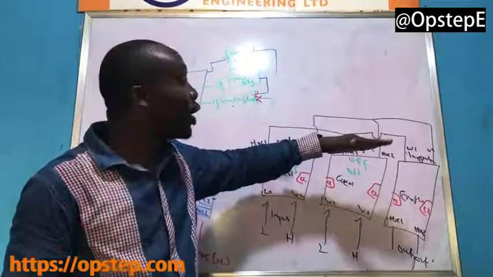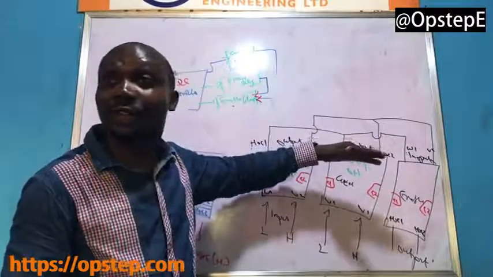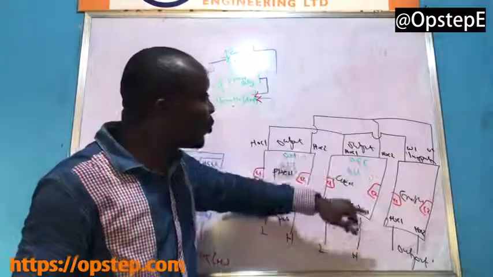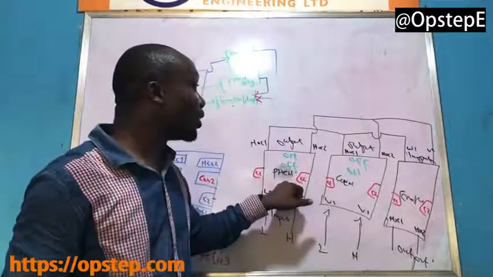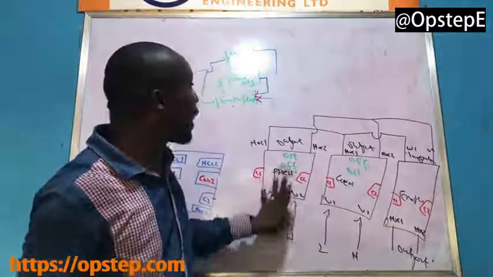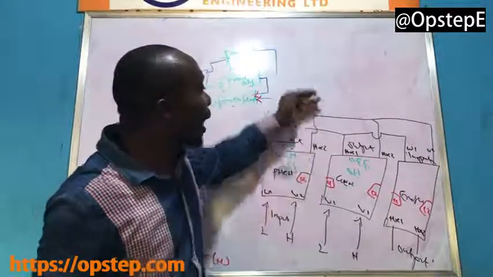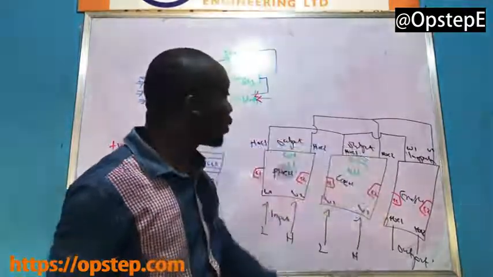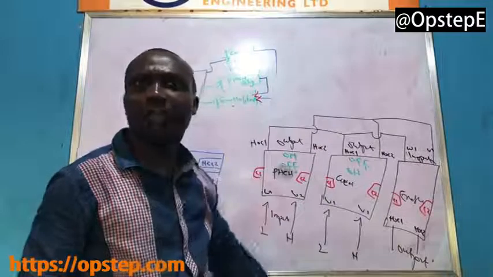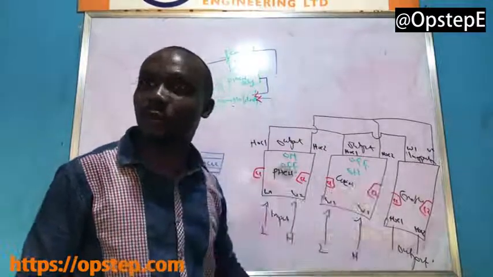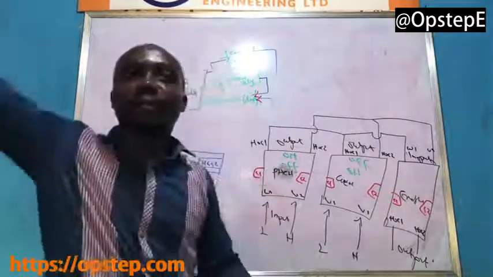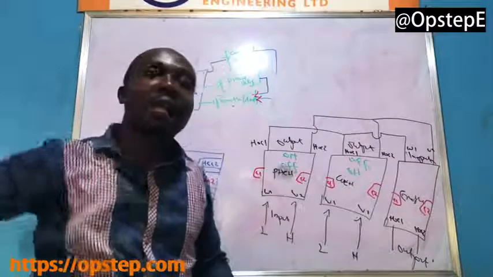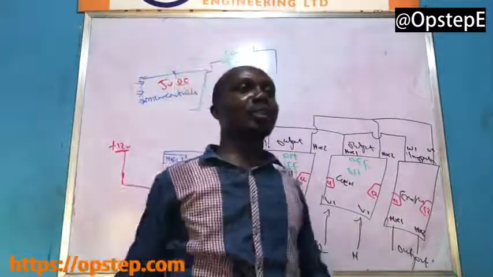Are you getting me? Are you getting it? But the moment you turn on this one, what happens is that NEPA that is here goes in here and enters into generator that is here and here. Of course, NEPA is going to have more magnitude than generator. So NEPA will push back into the generator and then it's going to bump your generator.